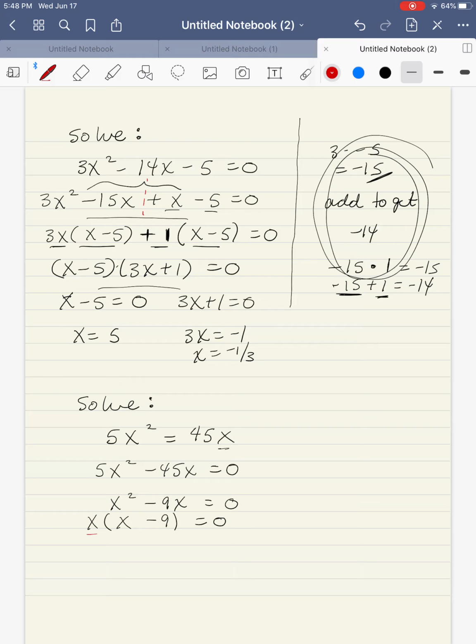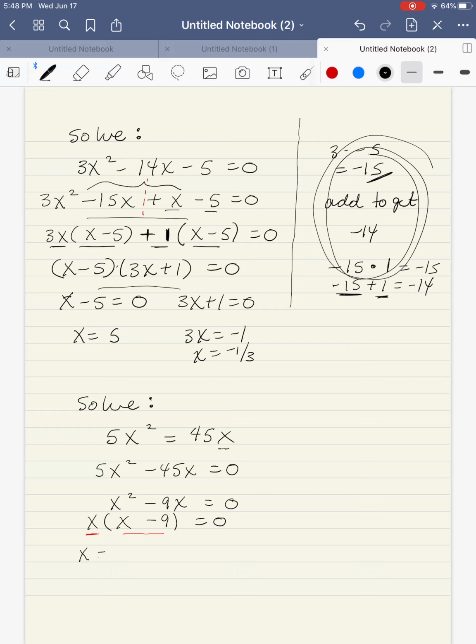And notice I do actually have two factors here. This x is one of my factors, and then x minus 9 is my other factor. Because remember, a factor is what you multiply together to get the original polynomial. So this x is one of my factors. I can't just divide it out and lose it.